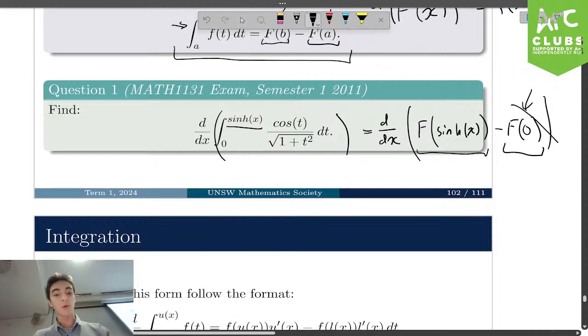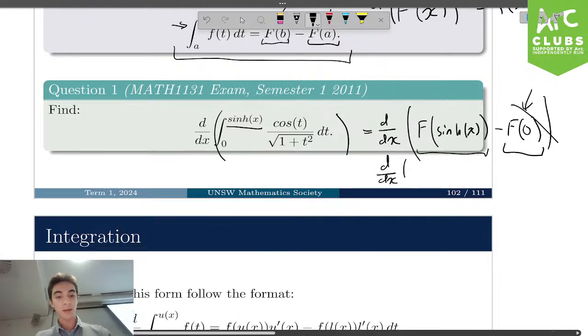And what we get is that the answer is the derivative of this hyperbolic sine function multiplied by the derivative of F evaluated at the hyperbolic sine function of x, okay?